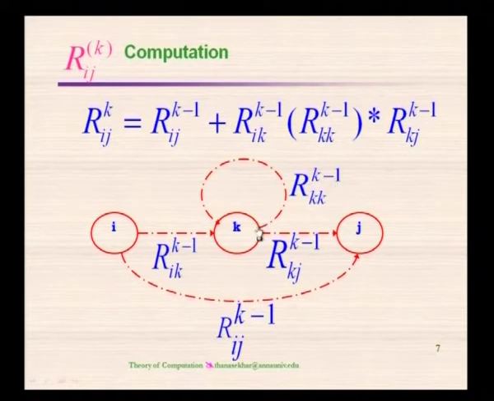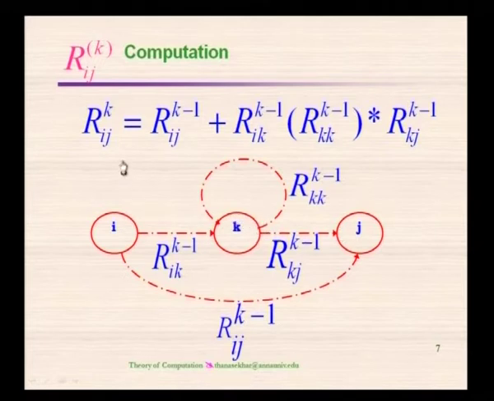Now, if you look at this particular path, it may be taken or may not be taken, or we can take this path any number of times. So, what is the new regular expression formed out of this? Either it is going to be the path from i to j directly without visiting k, or it is going to be the path from i to k, visit k as many times as needed, and then k to j.